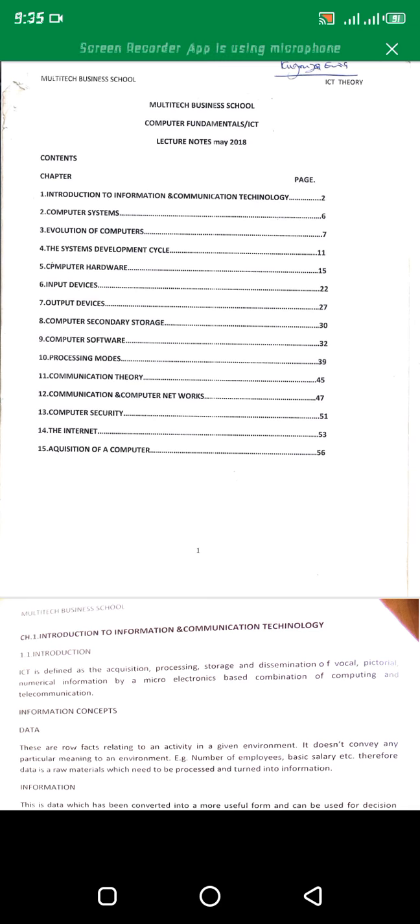We shall talk about the input devices. There are very many. We shall talk about the output devices. There are also very many.